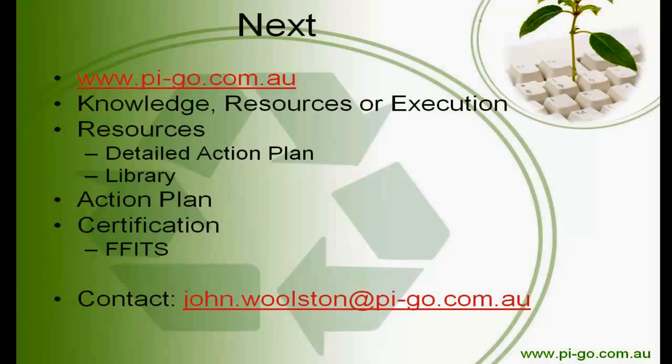If you go to the resources and look up a detailed action plan, it's there. We also have a library that enables people to see books and various other things that they can access that could be of use to them. This is continually growing. We even have a forum where people can jump in and have discussions and raise questions around the best way to use these mainstays approaches to changing the whole ICT carbon footprint.